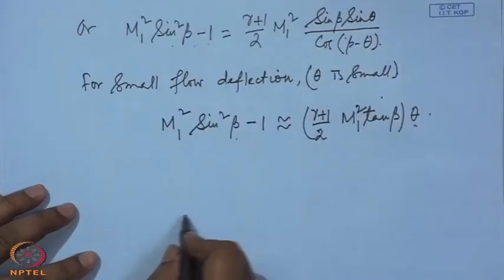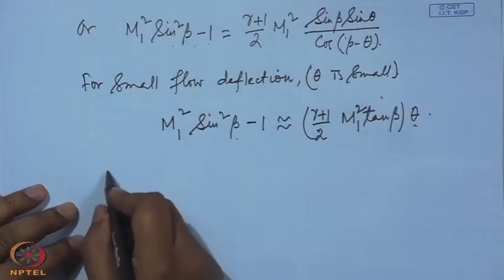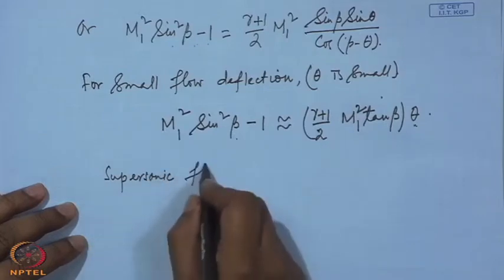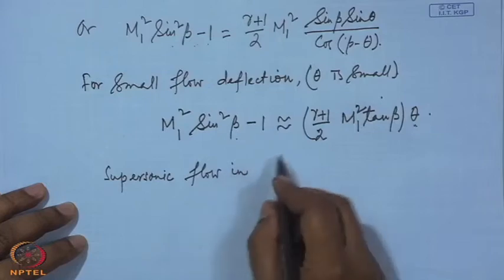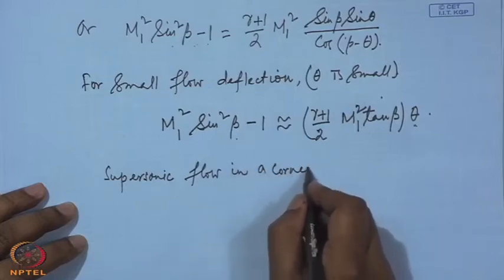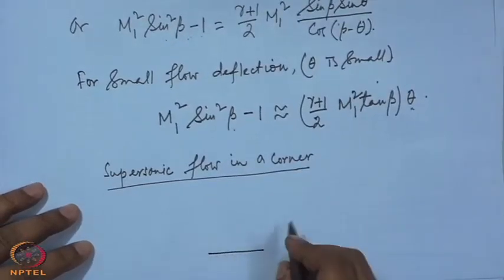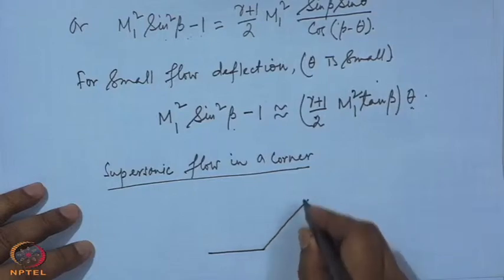And immediately we see that the oblique shock provides the solution of inviscid supersonic flow in a corner. Let us say we have a corner, and this is the corner.